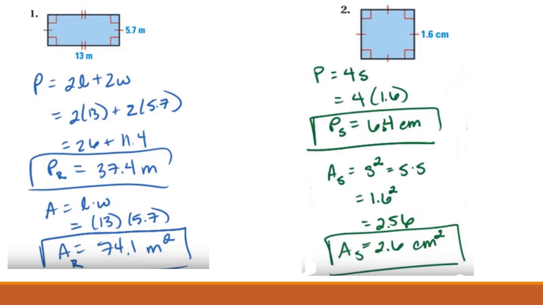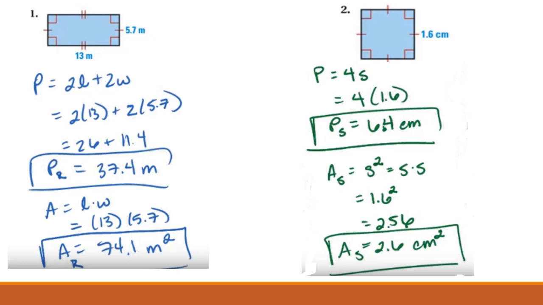The area now. The area of the square, it's side multiply side. Or in another way, it's square side. Remember. Now, the side is 1.6. 1.6 multiply 1.6 equal 2.56.